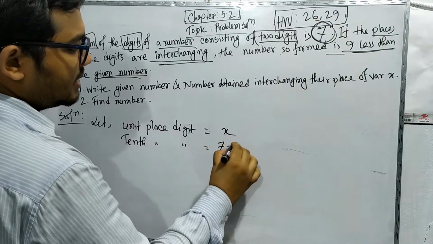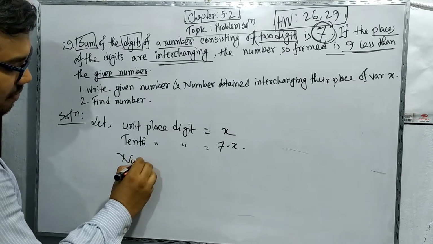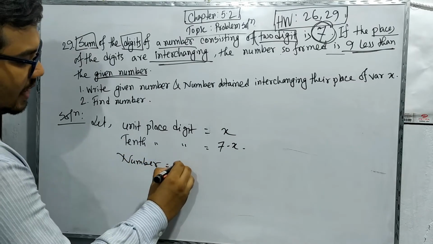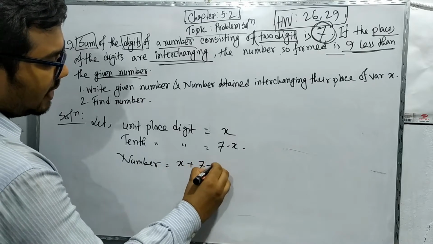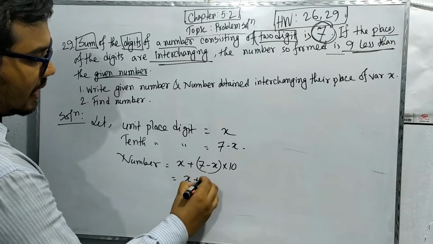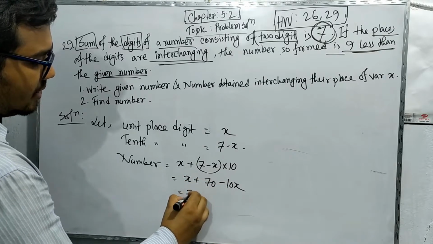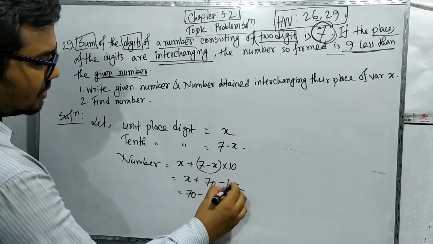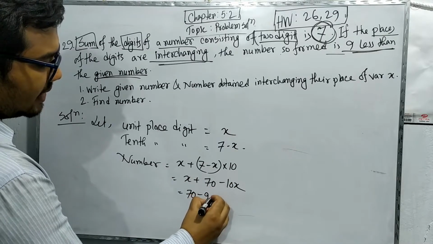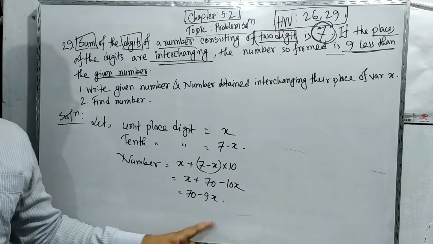Then the number will be x plus (7 minus x) into 10. So x plus 70 minus 10x, that is 70 minus 9x. This is the given number.